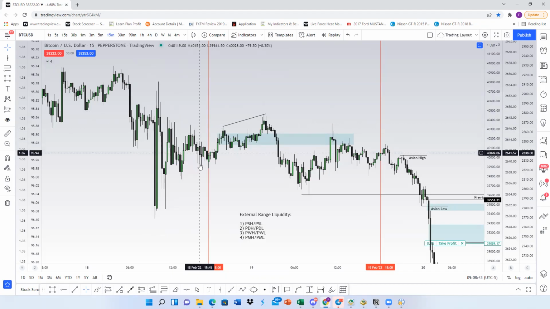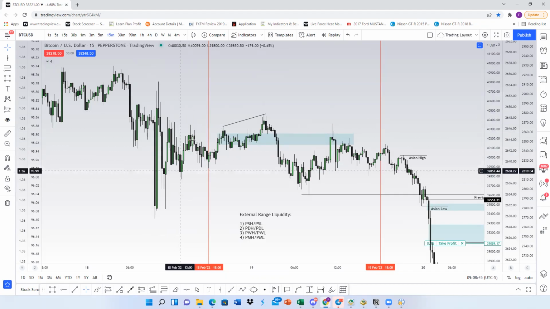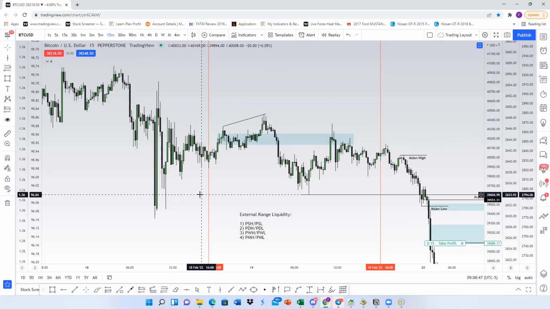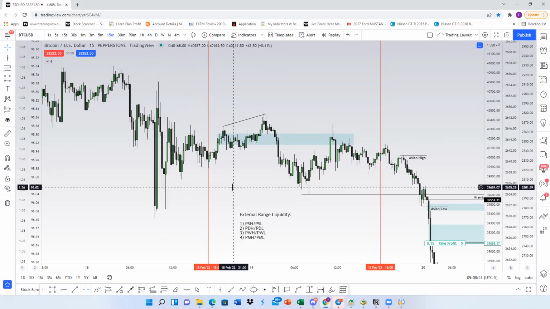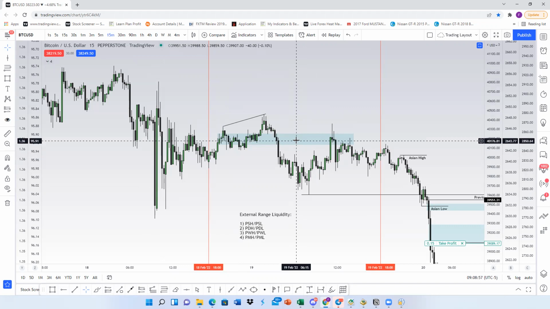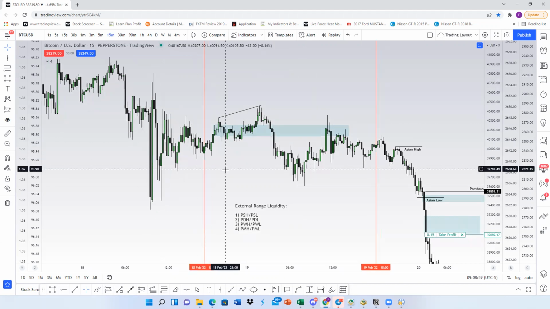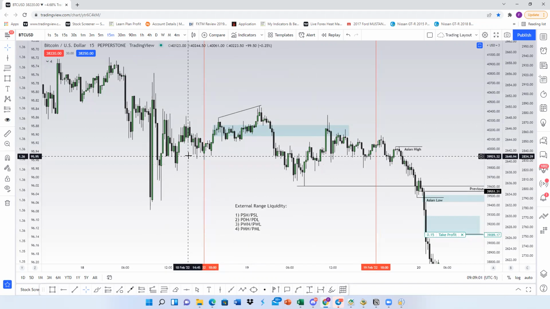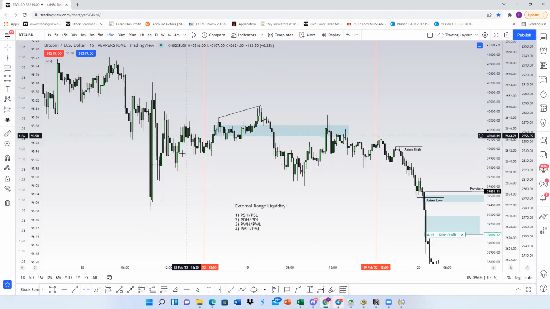PM trend high, PM trend low. These are still liquidity pools, which were printed by price when the algorithm was supposed to be moving price at that particular time. Maybe not for Bitcoin, but for other asset classes. When money moves, it is moving in all asset classes at the same time, right?